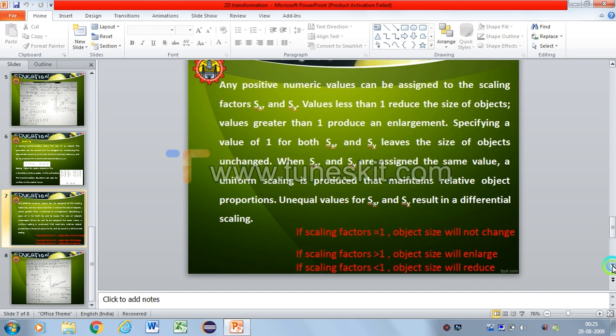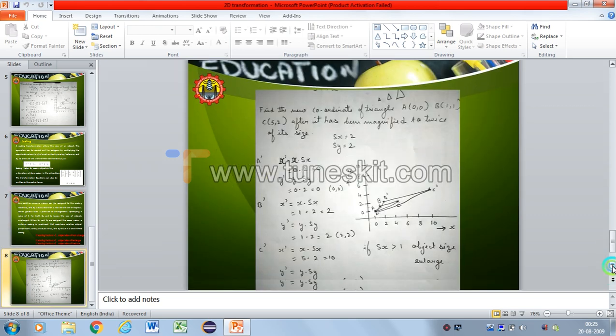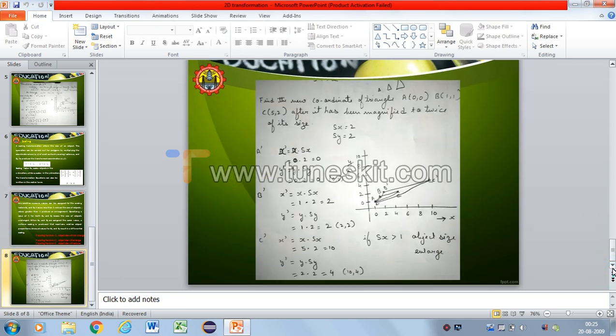Now we discuss one example. Class, suppose this is the original triangle having 3 coordinates: A is equal to (0, 0), B is equal to (1, 1), and C having coordinates (5, 2).